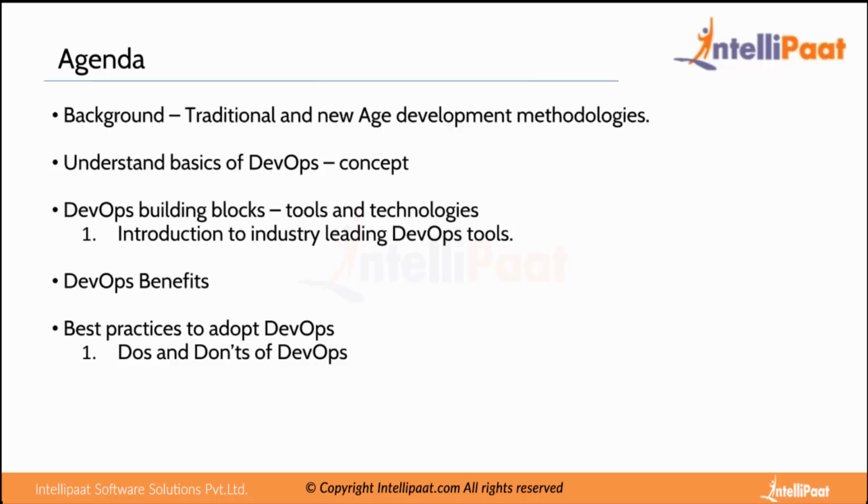So I'll teach you what those tools are and how they work. I'll give you just an introduction of those tools today, and in subsequent sessions we will be using those tools one by one, and you will learn how they are being used.